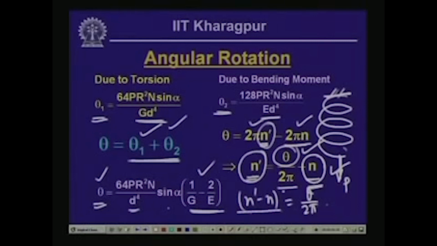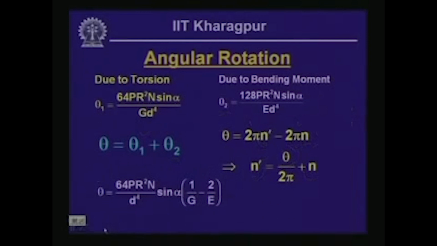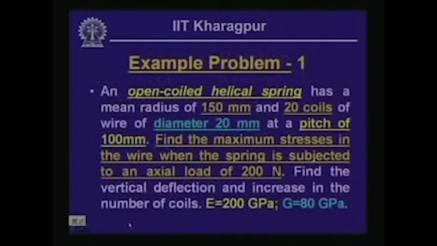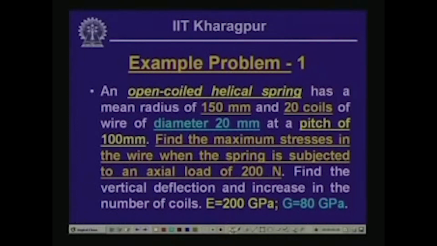This will give us the number of winds increased because of the axial load P applied to the spring. Well, so these are the stresses, the deflection and the rotation that an open coil spring is subjected to.